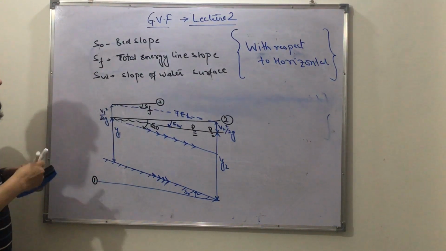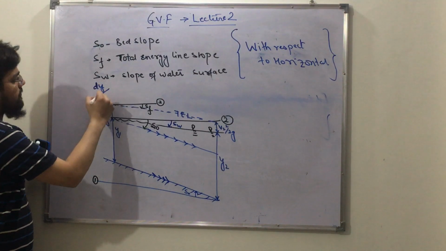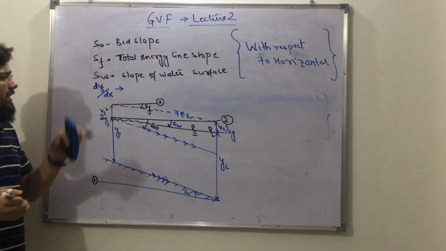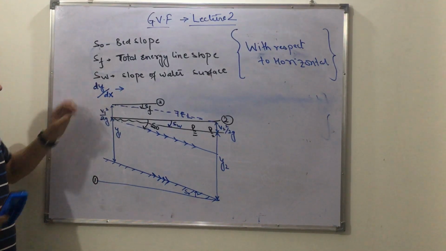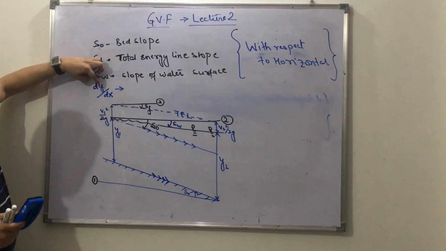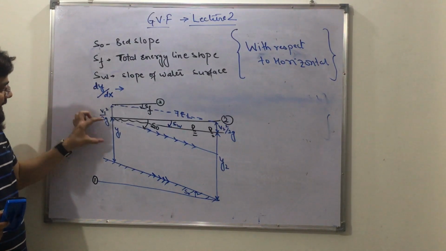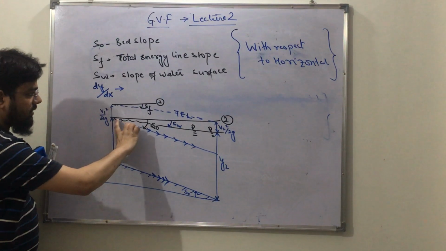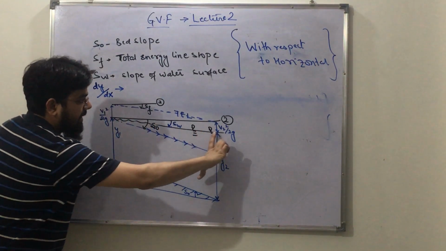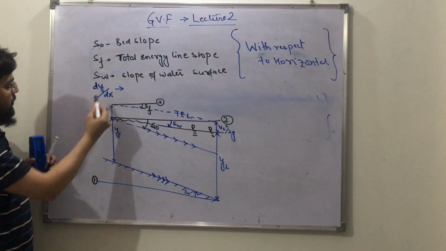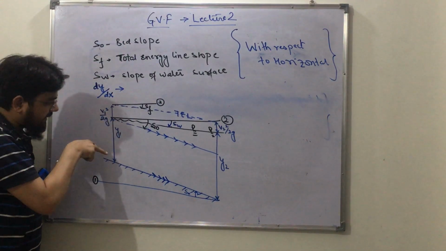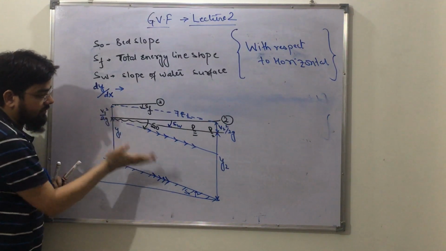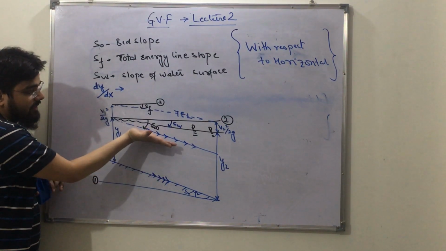Now there is another term, dy by dx. What is this dy by dx and how is it measured? This is very important. This dy by dx is actually the derivative of y with respect to x. It means y is the elevation of water surface. So here is y, here is y, and it is varying along this water surface profile. And x is taken along the bed channel, the same line parallel to the bed channel.